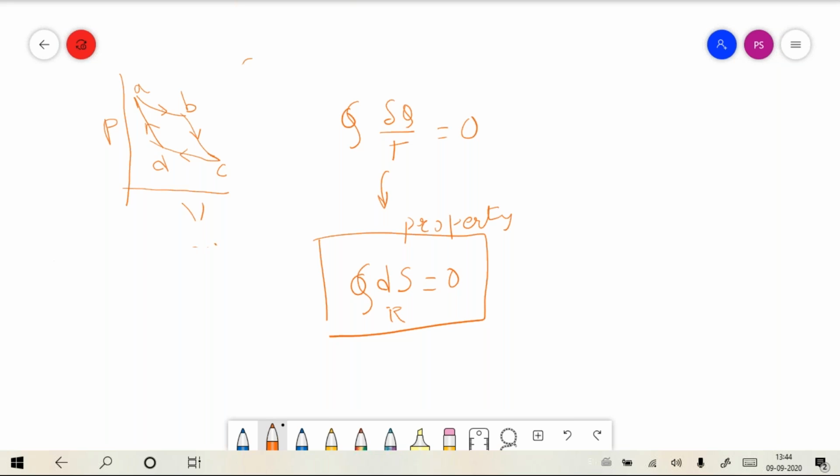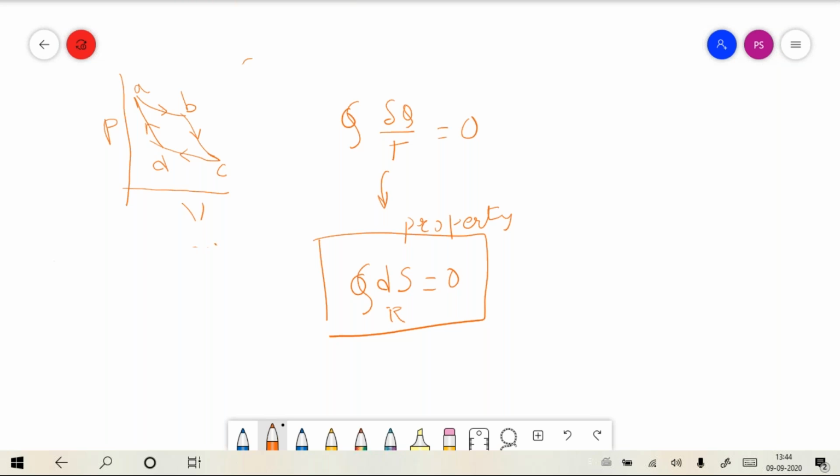So it means that there exists a property whose change is given by ds equal to del q by t, or if A and B are spaced apart, then S_B minus S_A, or delta S, is equal to the integral of del Q by T from the initial state A to the final state B. So what we have seen today is how the property of entropy was discovered by using the Clausius theorem, how logically we arrived at the property of entropy using the second law of thermodynamics.